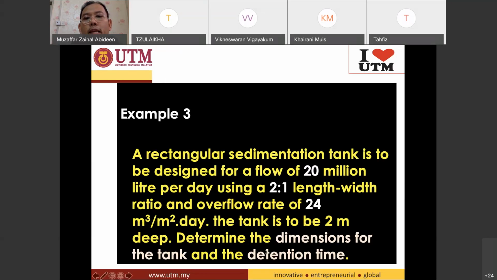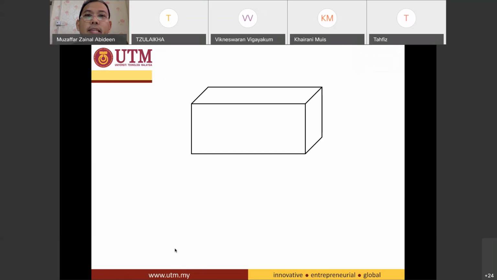I would like to extract this question into a diagram. So we have a rectangular sedimentation tank, and it says that the Q is 20 MLD. They also say the ratio of length to width is 2:1. So you can do the cross multiplication, so that L is equal to 2W.